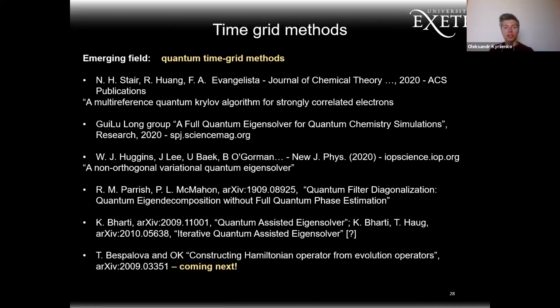And I just wanted to mention there are several papers that appeared on similar subjects. Some of them are published, others not. Kishore, I put a question mark because I don't really know where to put your quantum assisted eigensolver. Yeah, it's under review at the moment. It is a question mainly because here I use dynamics of the Hamiltonian, but as far as I understood, you don't use the dynamics.